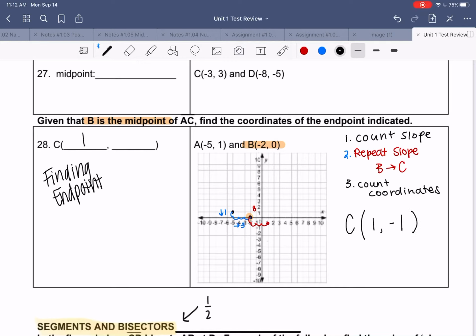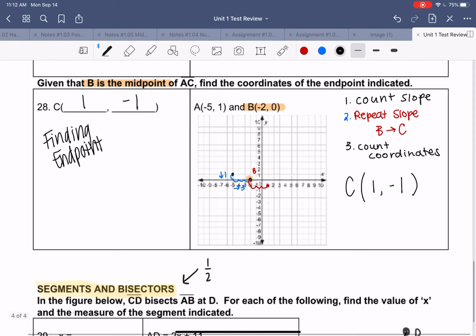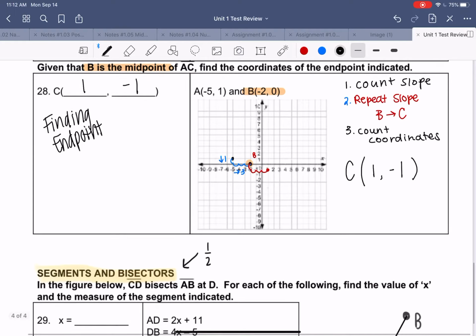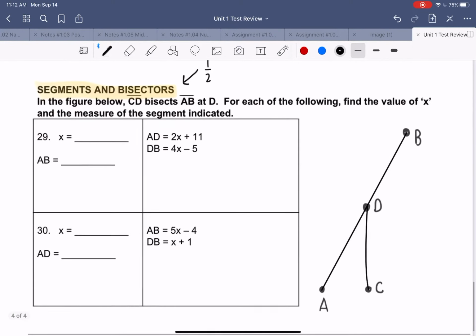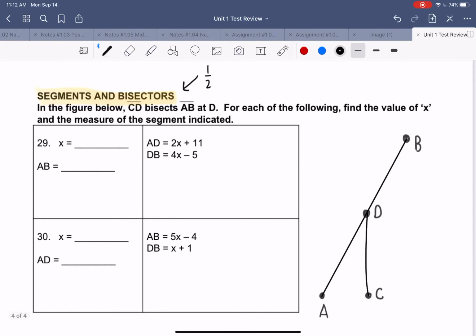So the other endpoint is 1, -1. Okay. You will have a question like that on your test. So whether you solve it algebraically or graphically, I don't care. All right, your last two questions.